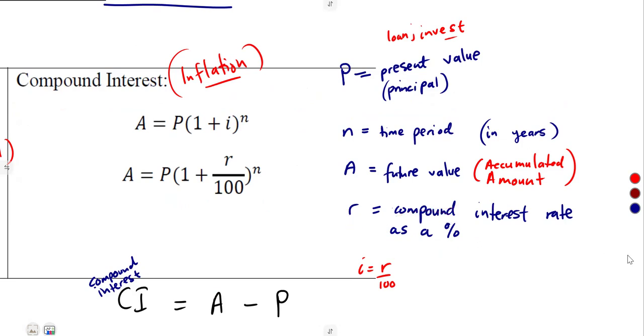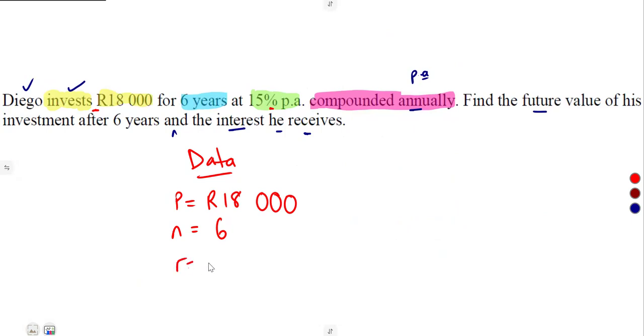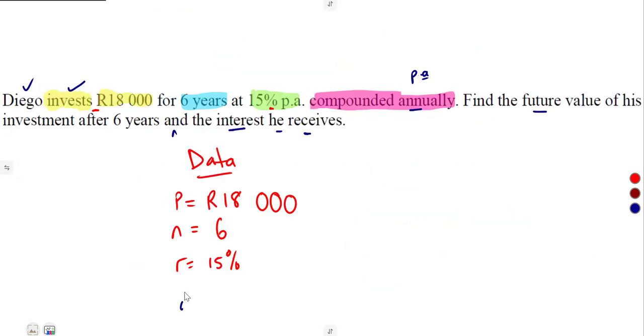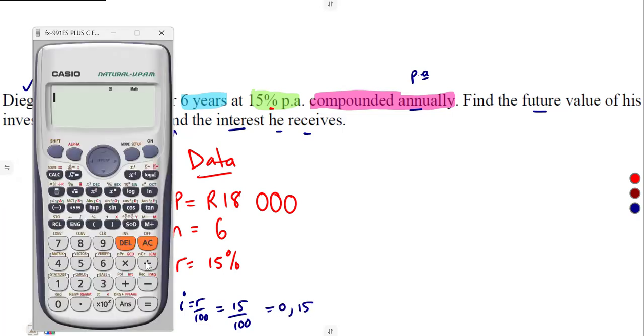So we are given R. R is equal to 15%. Depending on the formula that you want to use, if you use the one with I, you must determine that from R over 100 as a decimal. So let's say I is equal to R over 100. So that's 15 over 100, which is going to give us 0.15 as a decimal.